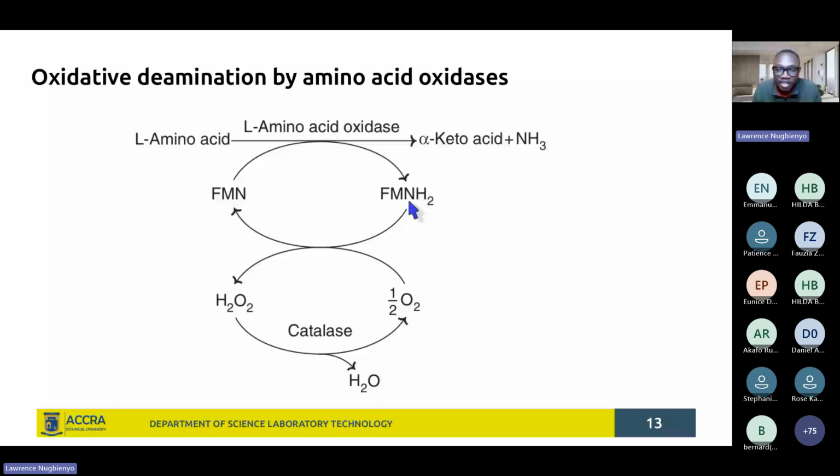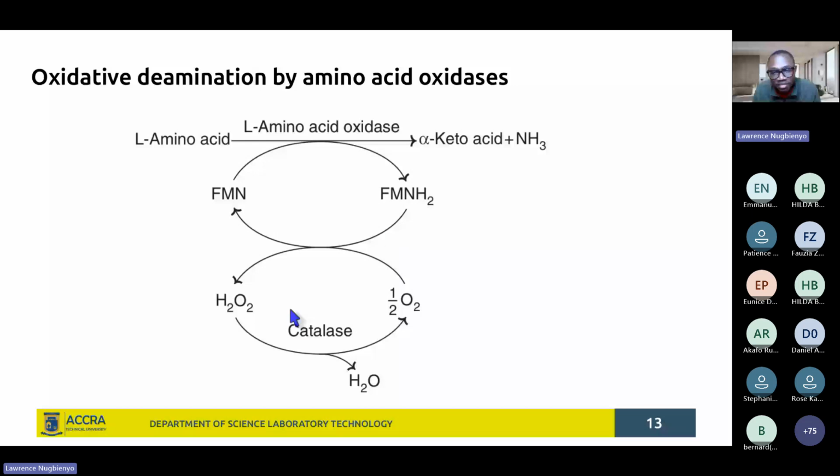So you see it in its reduced form after it receives hydrides from the amino acid. But it must continue to act on more molecules. In that process, you have another enzyme, catalase, which is involved in the oxidation of the reduced flavin nucleotide.